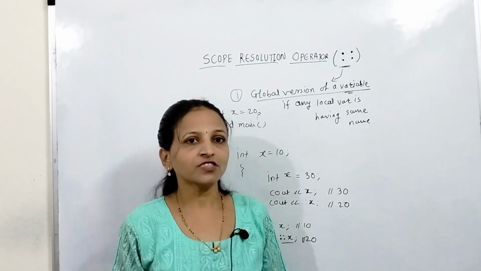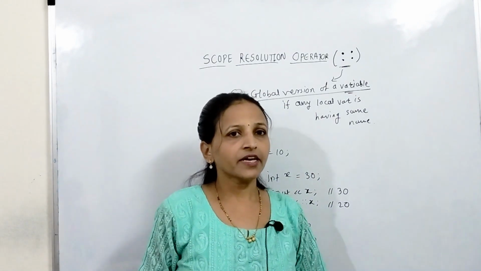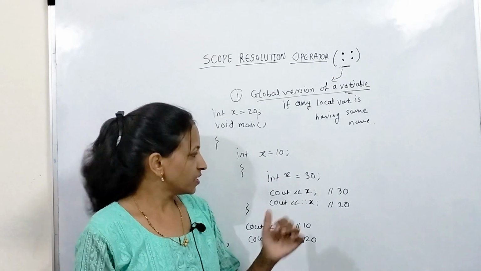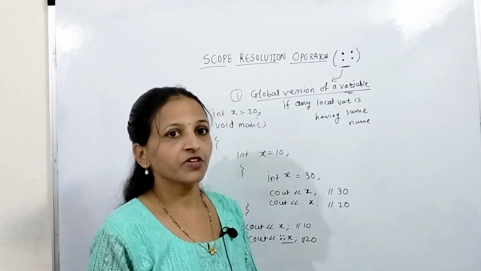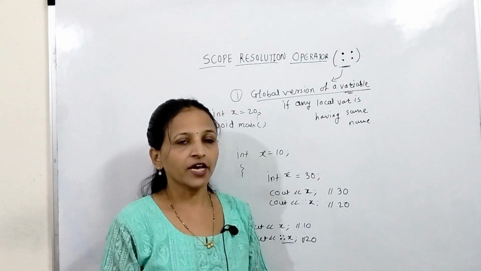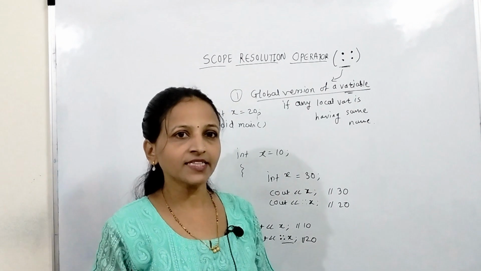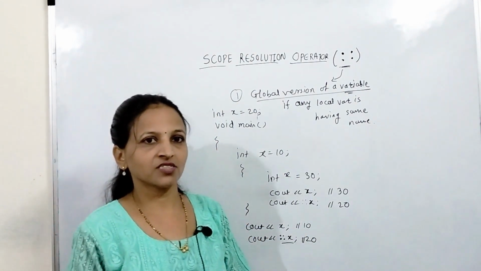Getting? Here we have seen the first use of the scope resolution operator, and there is one more use, which is inside the class concept. Here we have not used the class concept; this is just a simple program without object orientation. In object orientation, we create classes, and inside a class we declare data members and member functions.